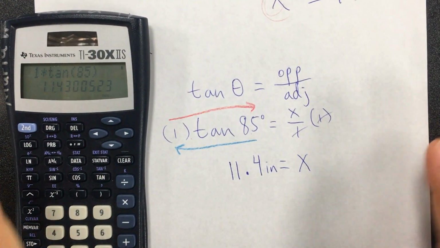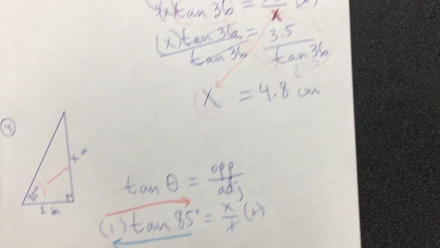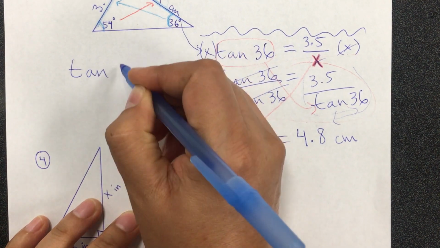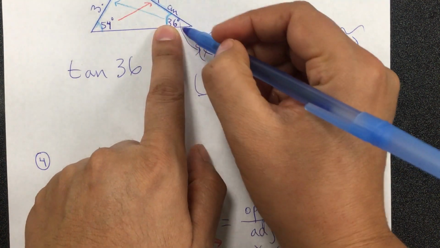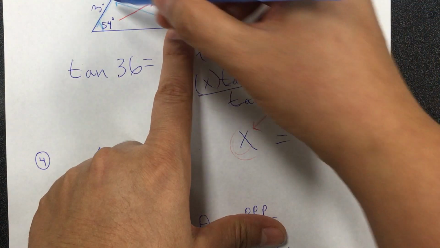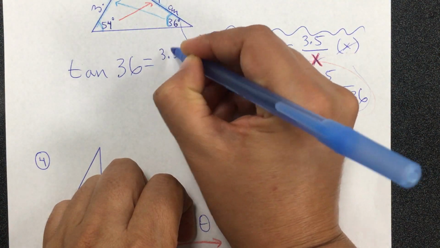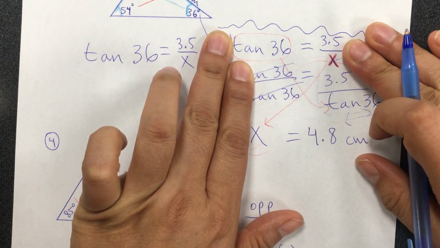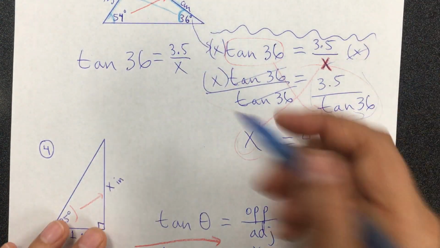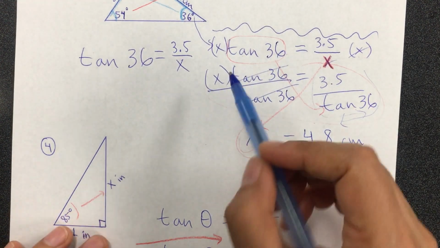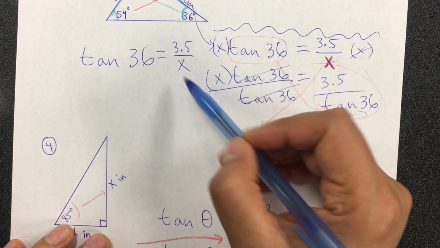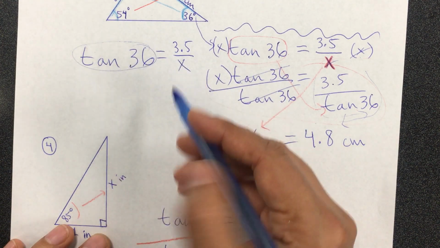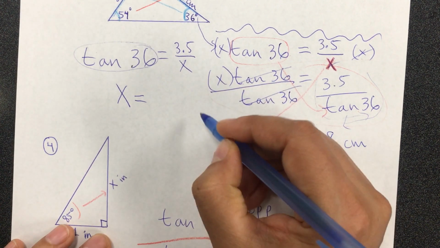So again, the only thing that I think I want to clarify is this part right here, that I can have tangent of 36, right? Tangent of 36 is equal to opposite, which is 3.5, over adjacent, which was x. This is what we had here. Then, instead of canceling by multiplying the x, just switch this. Take out the tangent of x and put x equals.